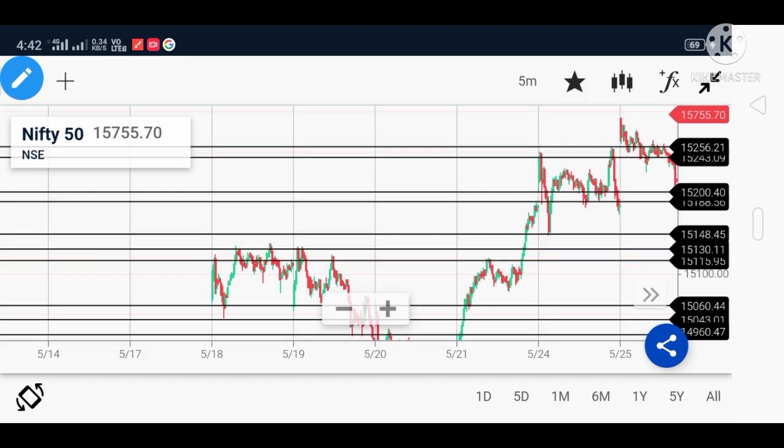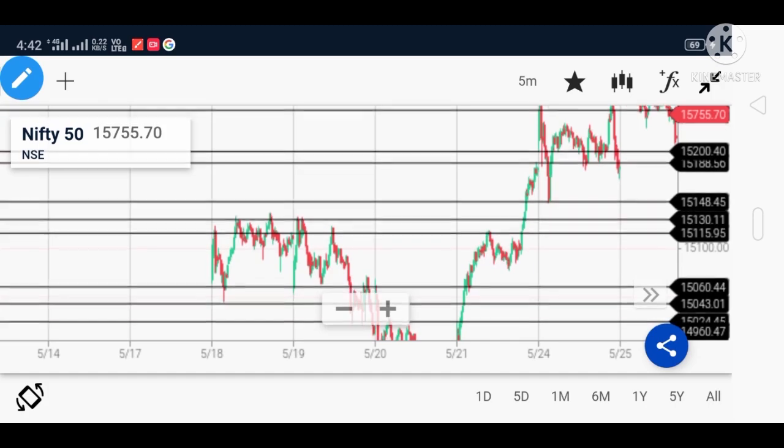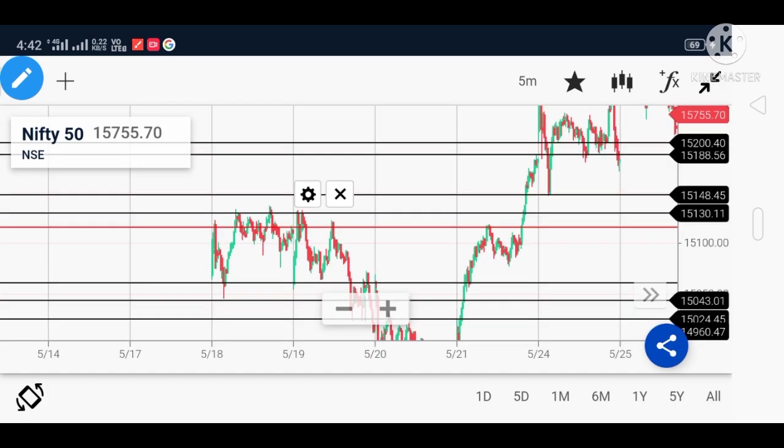Now our lines are 15,256 and 15,243. The difference between them is around 13 points. This is less than 15, so we will keep it. Now let's see the lower one. 15,200 and 15,188. Here is almost a 12 point difference, so we will keep it.